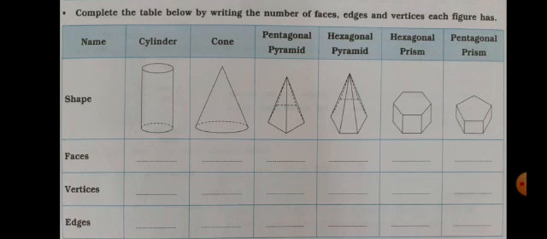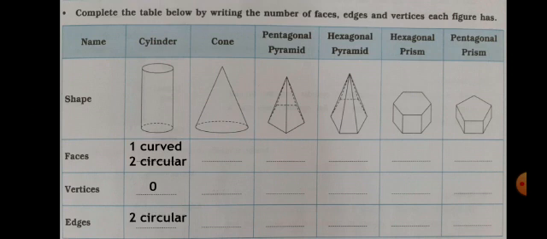Let's complete the table below by writing the number of faces, edges and vertices each figure has. Now, our first figure is cylinder. Now, how many faces? A cylinder has one curved and two circular faces. It has 0 vertices.